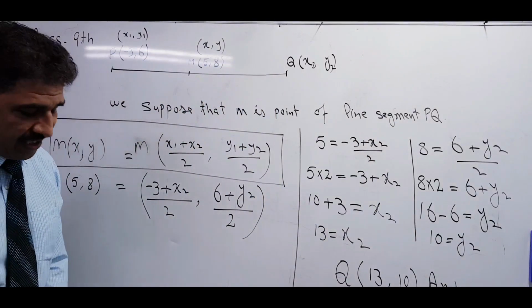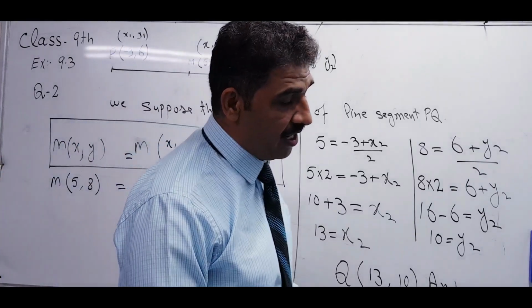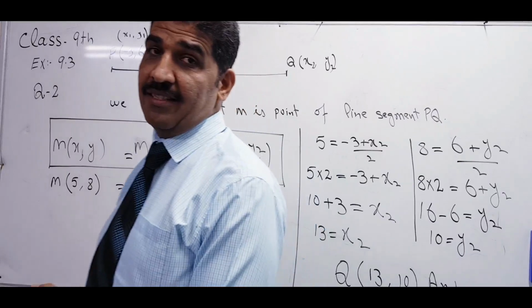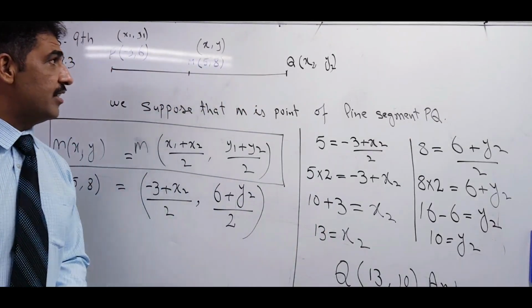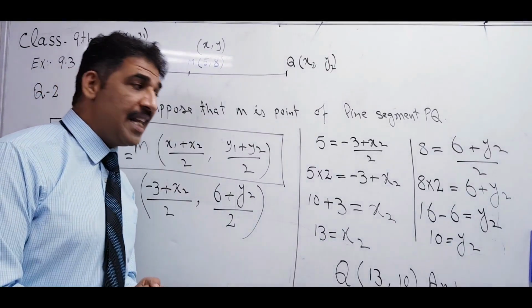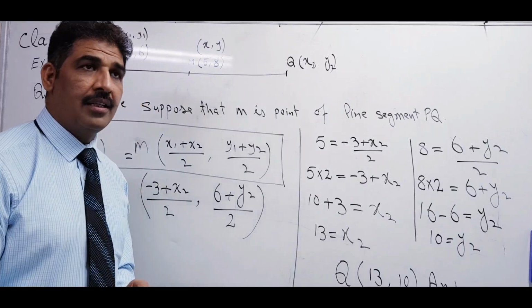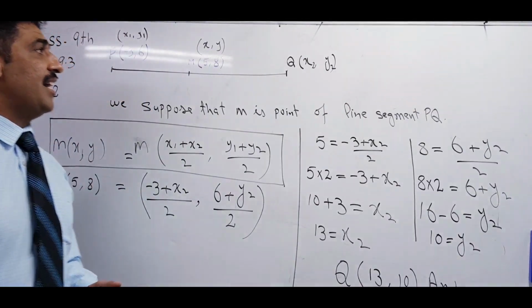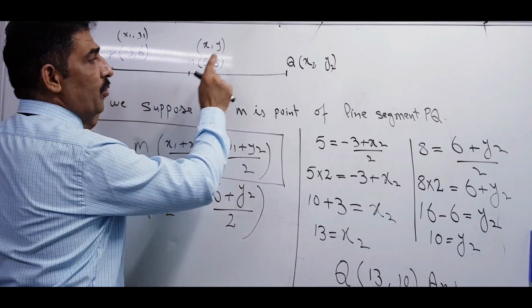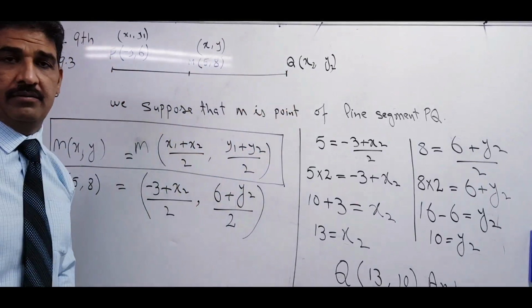So what is the change between question number 1 and question number 2? That is my question to you. Yes, the change is that in question number 1, we have to find the midpoint and the endpoints are given.